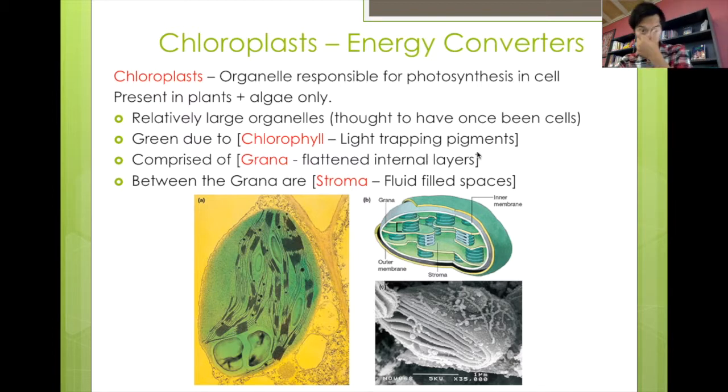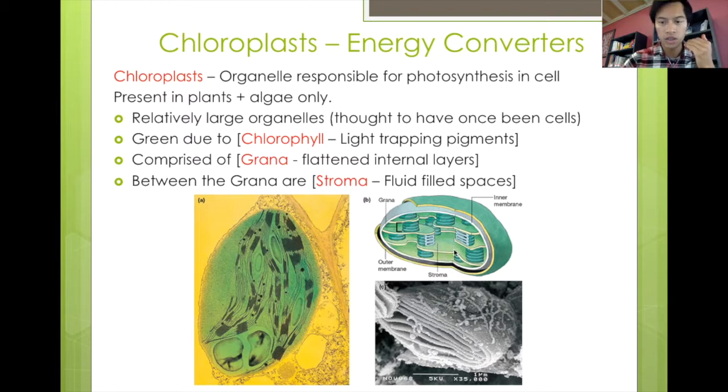And so the structure is comprised of these layers called grana. And so a grana is this little green layer or stack that sort of sits there, and then the stroma are the fluid-filled spaces that sit in between, right?